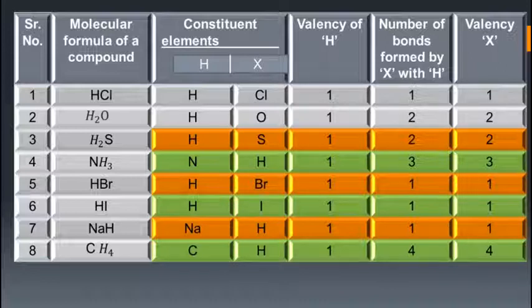So the constituent elements will be H and I. The valency of hydrogen is 1 as it is constant. The number of bonds formed by X with H will be 1, because here only one atom of hydrogen and one atom of iodine are there. So hydrogen will form one bond with iodine, so the valency will be 1.